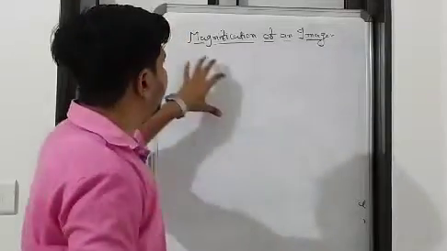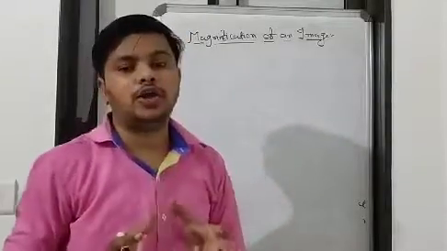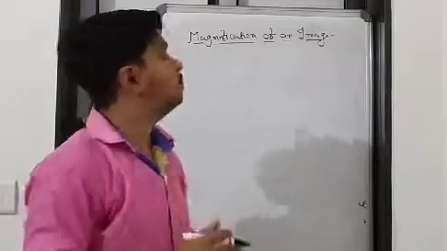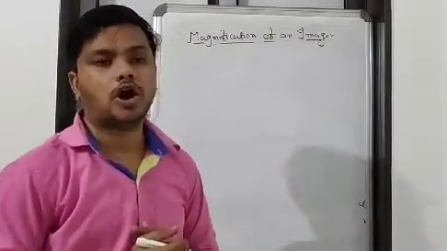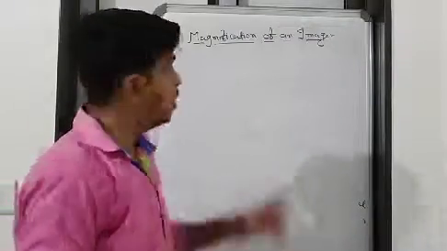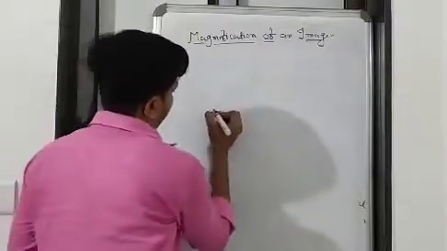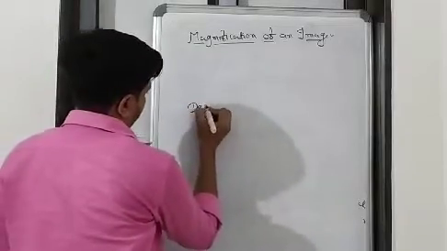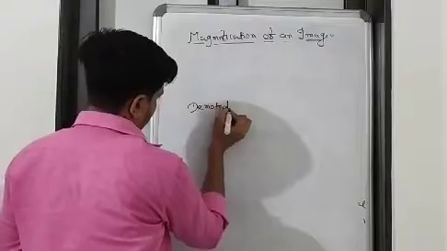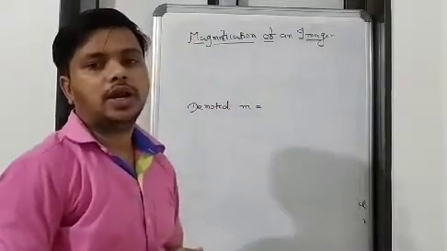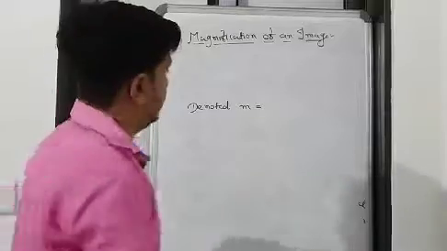So it gives you a way to know the height of the image relative to the object. Is it bigger or is it smaller? Understand? The magnification is generally denoted by small m.